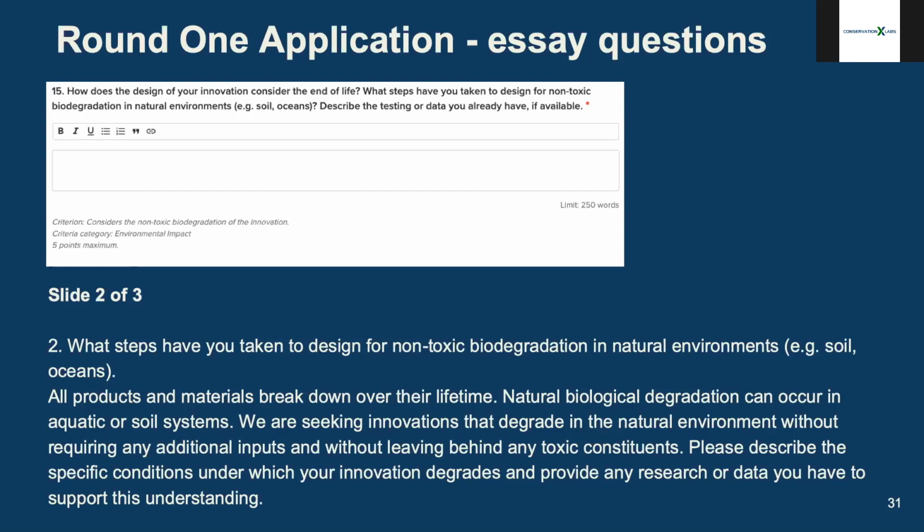So even if your innovation does require these additional inputs in order to degrade into non-toxic constituents, it's really important that you include that information. Tell us under what conditions. Is it a certain temperature?